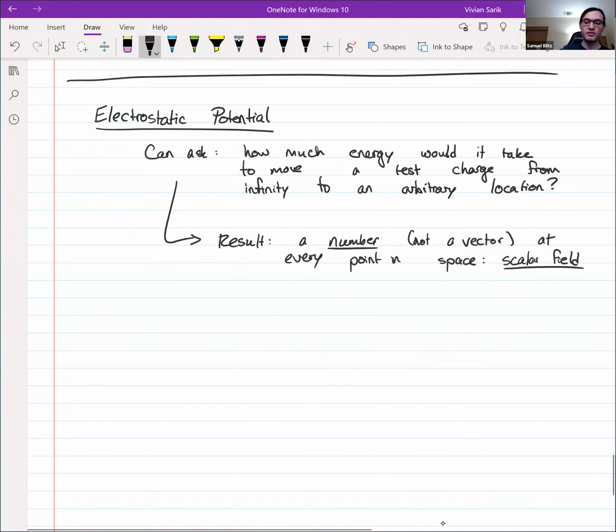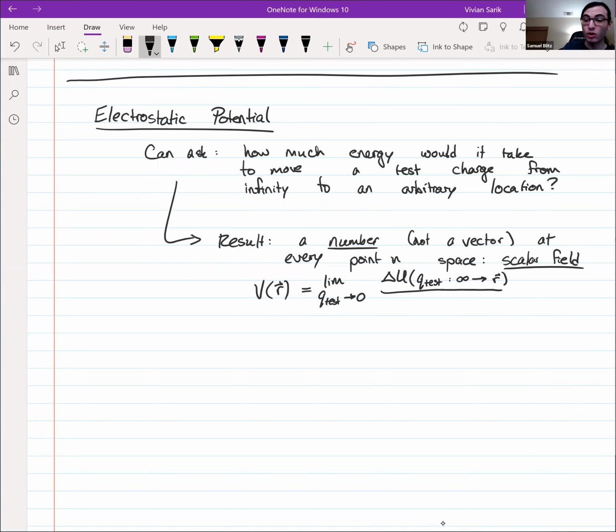And so we define this as V. We call it V as a function of the position vector r. This is not the distance vector, by the way. It's a position vector now. And this is just the limit, as the test charge goes to 0, of the amount of energy, the delta U, that it takes to take the test charge from infinity to the position r.